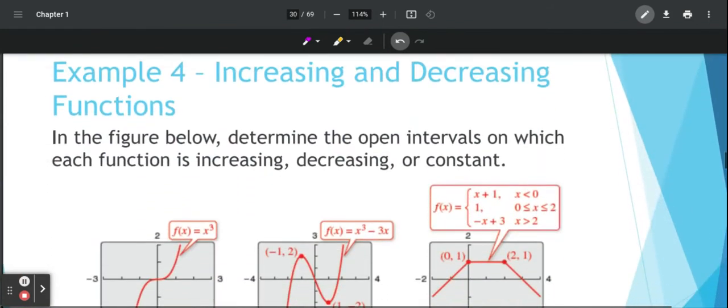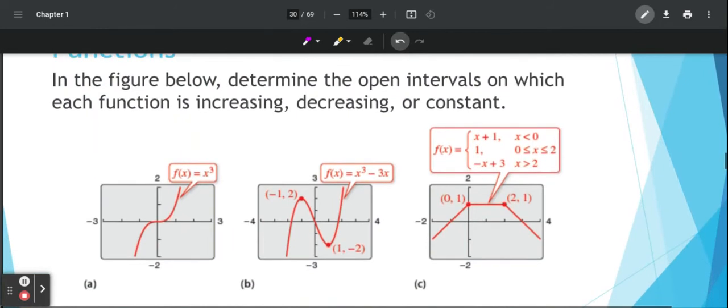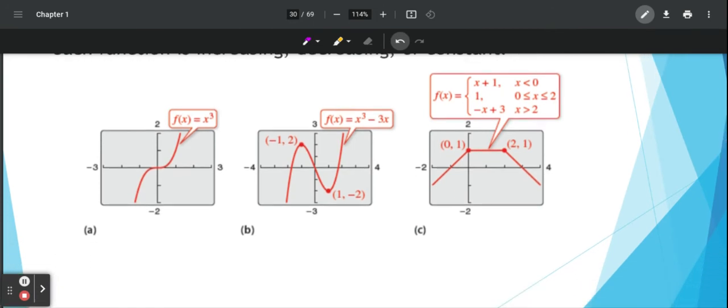So we have three graphs. Determine open intervals. So open intervals means we're not going to include the endpoints, on which each function is increasing, decreasing, or constant. So if we look at this first one for letter A, we do have this one little part that looks like it's flat here, but we're going to consider that just to be all this continuous part.